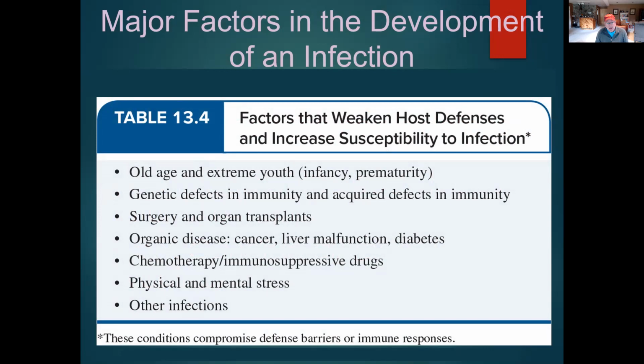Having surgery, organ transplantation is fraught with potential rejection issues and complex follow-up infections, opportunistic infections. Anytime you introduce an incision in the body, you introduce the possibility of pathogens getting in, right?